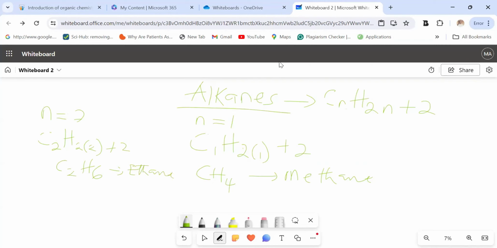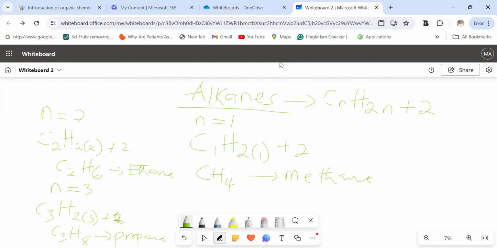So from methane with 1 carbon, we have ethane with 2 carbon. Then when n is equal to 3, we have C3H2 times 3 plus 2, which is 6 plus 2, is 8. So C3H8 is called propane.